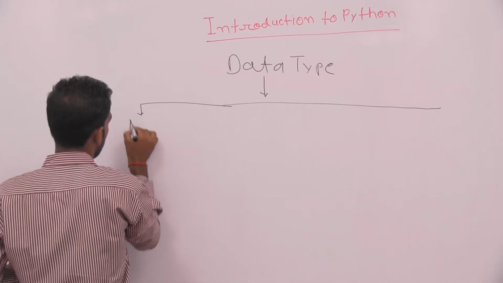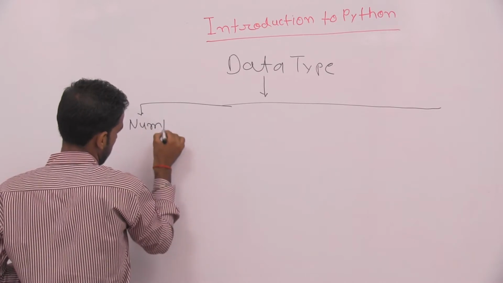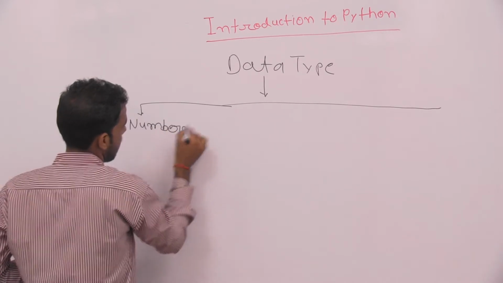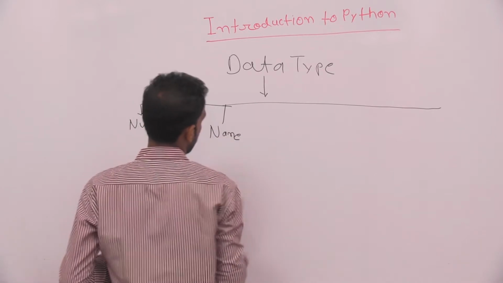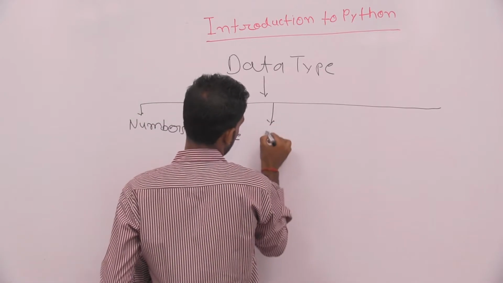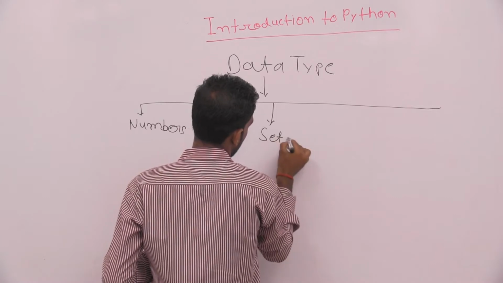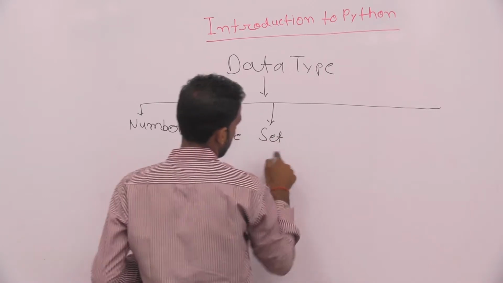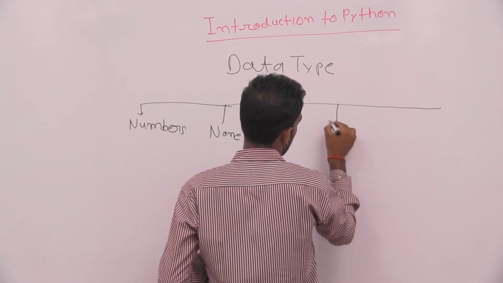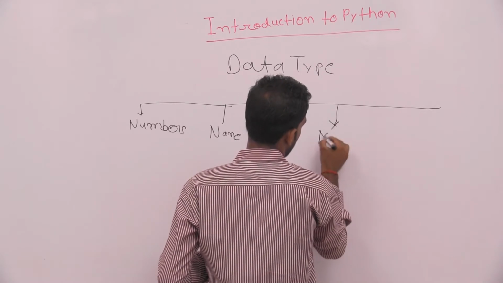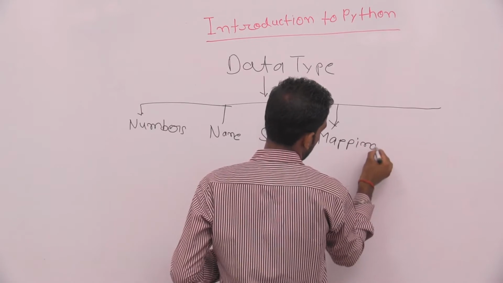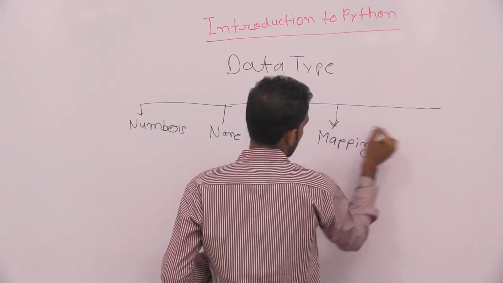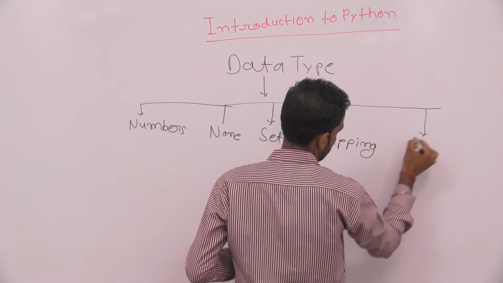First one is number data type, the second one is none, the third one is set, then mapping, and sequence.